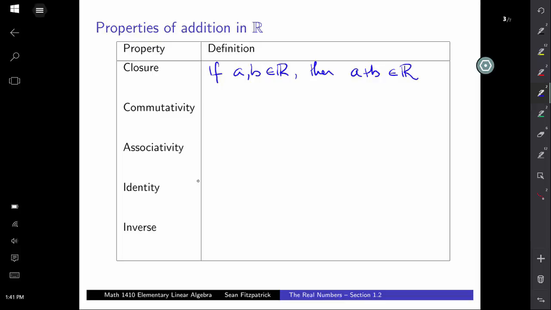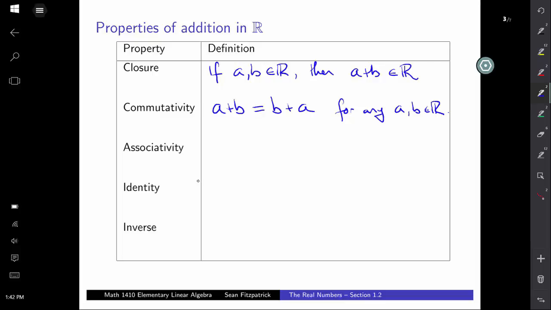Commutativity is the fact that the order of addition doesn't matter. A plus B is the same thing as B plus A, and that holds for any real numbers. So among all of the real numbers, there is not one single case where you find two real numbers where A plus B comes out to be different from B plus A. You are safe in knowing that that's always going to come out to be the same thing, right?